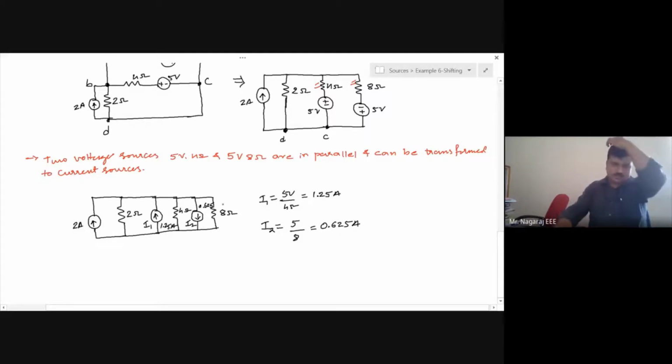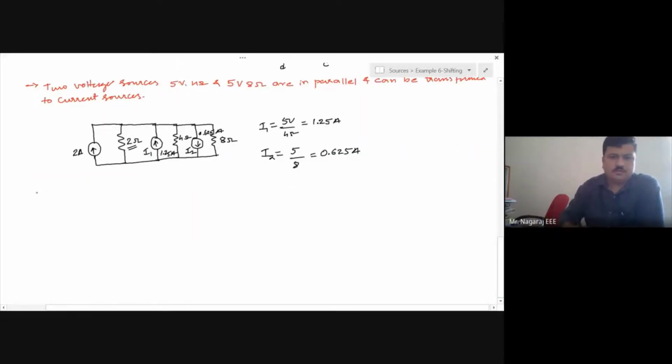Okay. So now observe, there are three current sources here: 2 amps, 1.25 amps, and 0.625 amps. I can take the effective value of all these three, and I have three resistances in parallel: 2 ohm, 4 ohm, and 8 ohm. But I need voltage across 2 ohm. I will keep it as it is, and I take the effective value of only 4 ohm and 8 ohm.